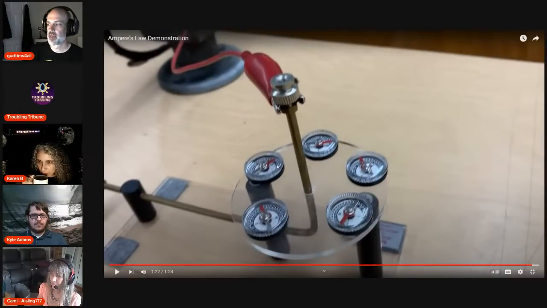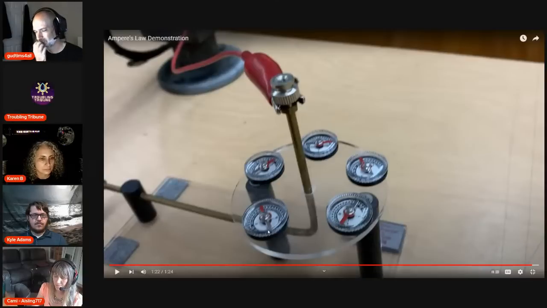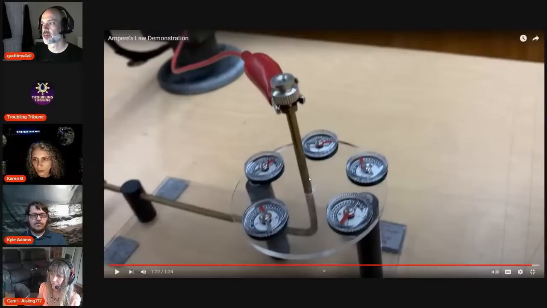Now, by looking at this, you can even tell which way the current was flowing, if all the magnets were correct. It appears to me that it's flowing from this end.